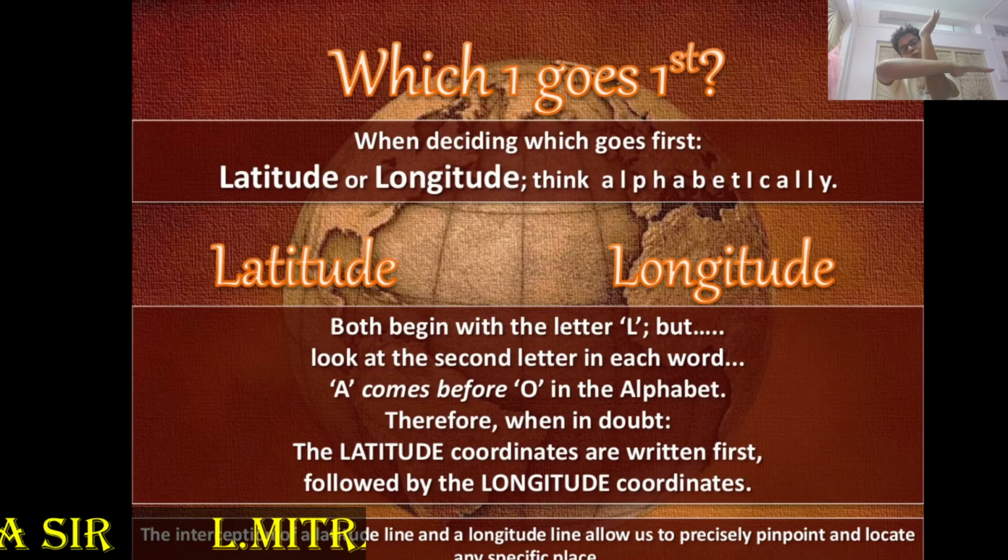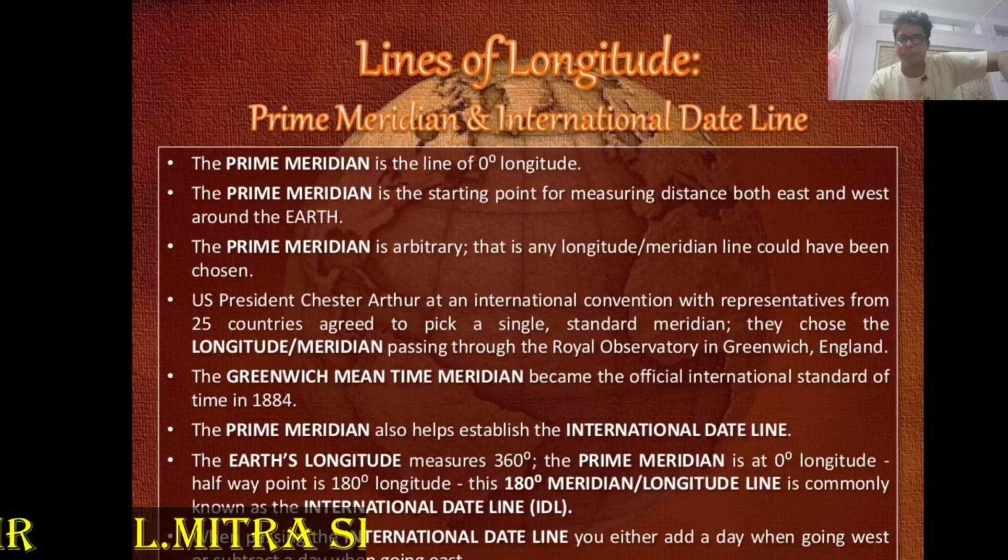Now, the lines of longitude: the prime meridian and the international date line. The prime meridian is the 0 degree line of longitude, running north to south. The equator is the 0 degree line of latitude.